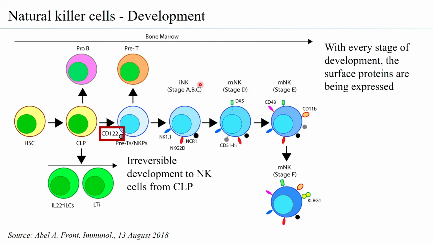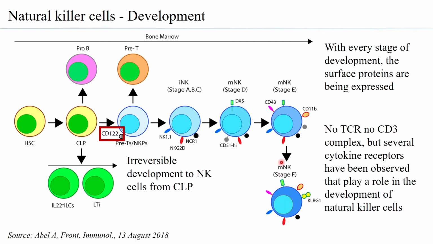And when it goes from the A stage to the F stage, one finds that several surface markers or surface proteins are getting expressed. No T cell receptor or CD3 complex has been observed in the natural killer cells, although the natural killer cells are more analogous to the T lymphocytes rather than the B lymphocytes.